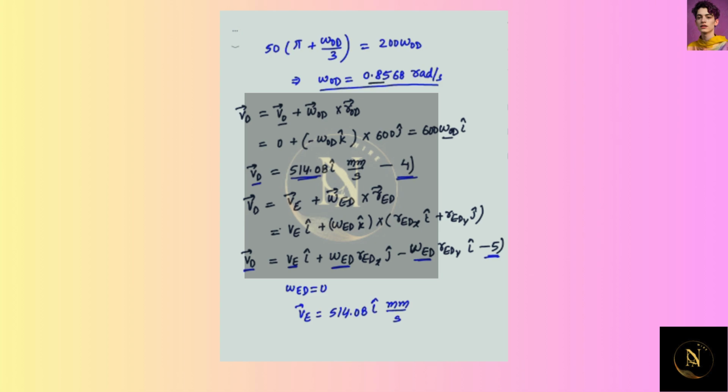So the magnitude of the velocity, that is the speed at point E, will be equal to 0.514 meter per second. In meters we can write this value. So this is the answer of the question.